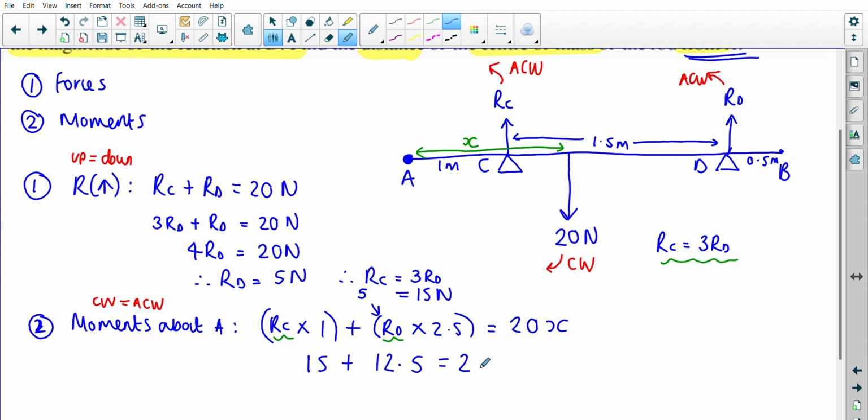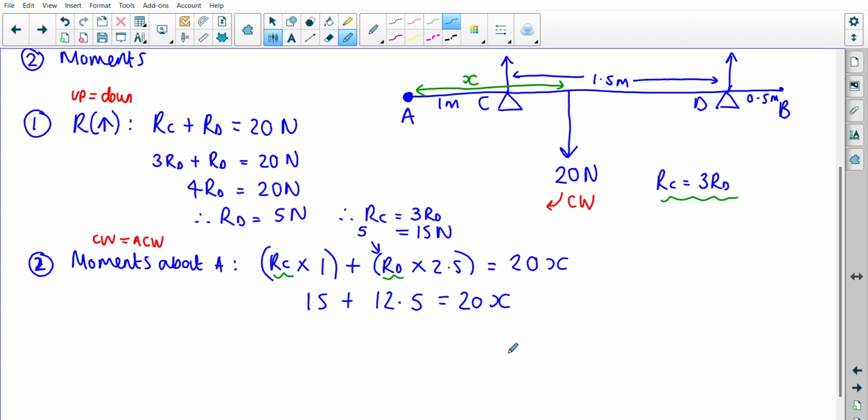And then that's going to be equal to 20x. Now if I add those two together, I'll get 27.5 equals 20x. And then divide by 20, x is going to be 1.375.